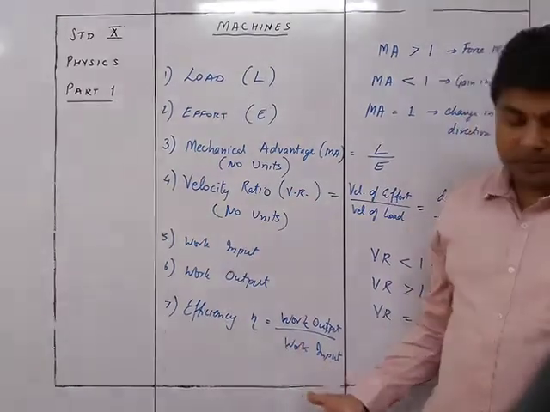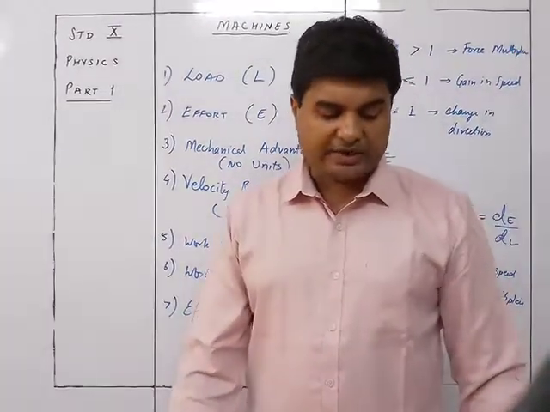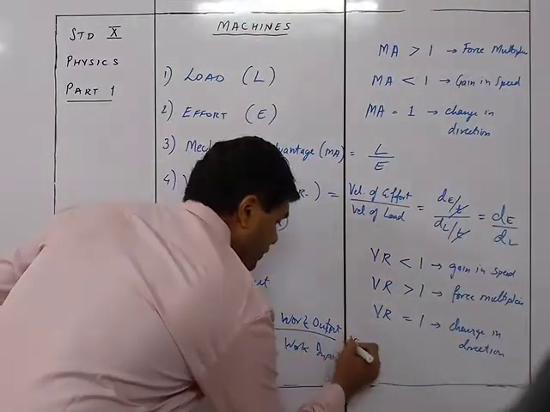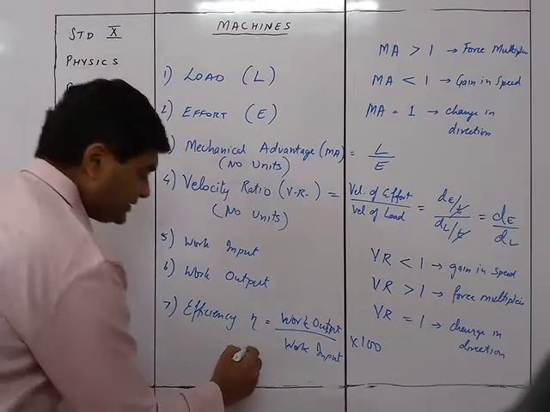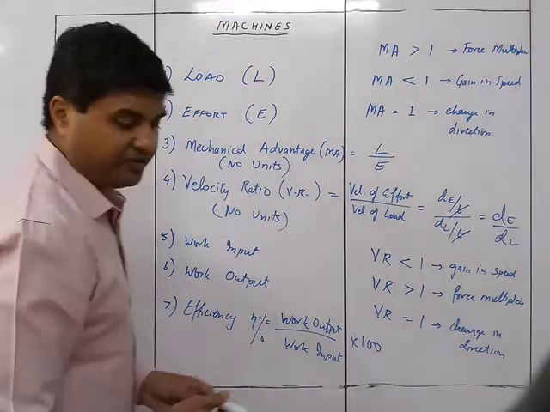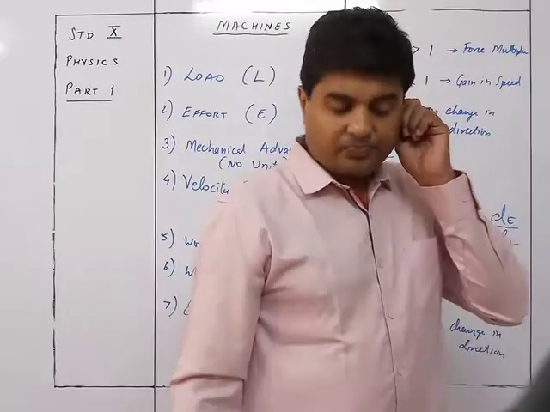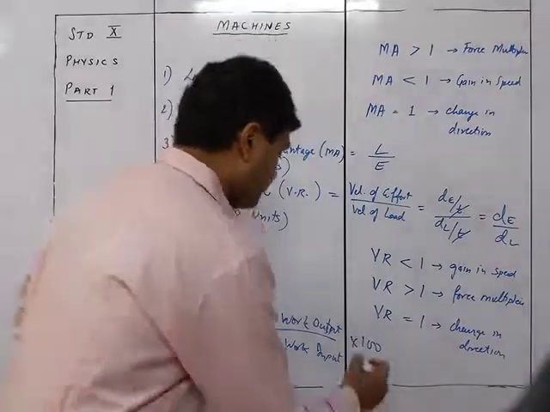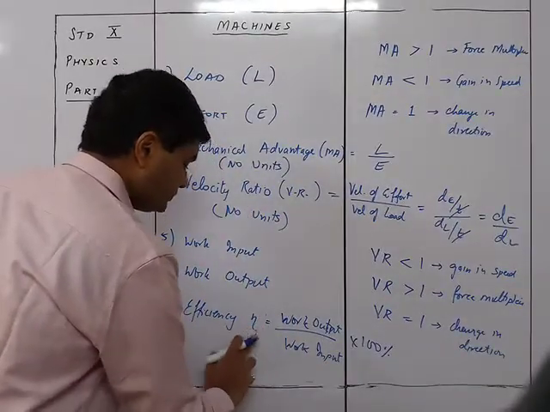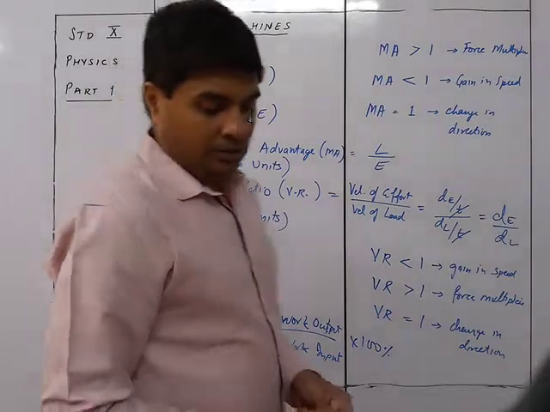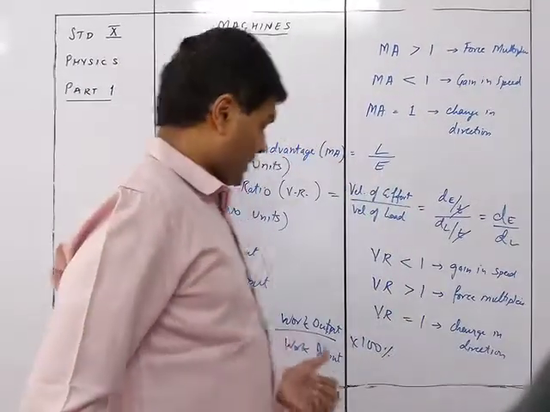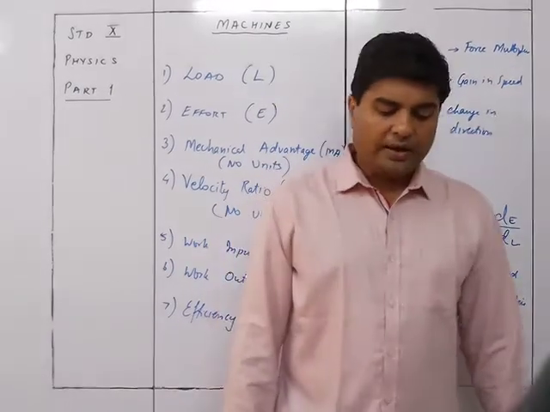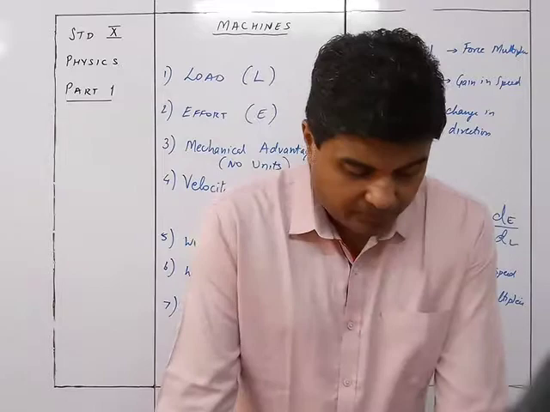But efficiency is usually expressed in percentage, so you are going to write it as work output upon work input into 100. So efficiency percentage will be work output upon work input into 100%. Of course, that is work upon work, so it has no units, since it is a ratio of two similar quantities.